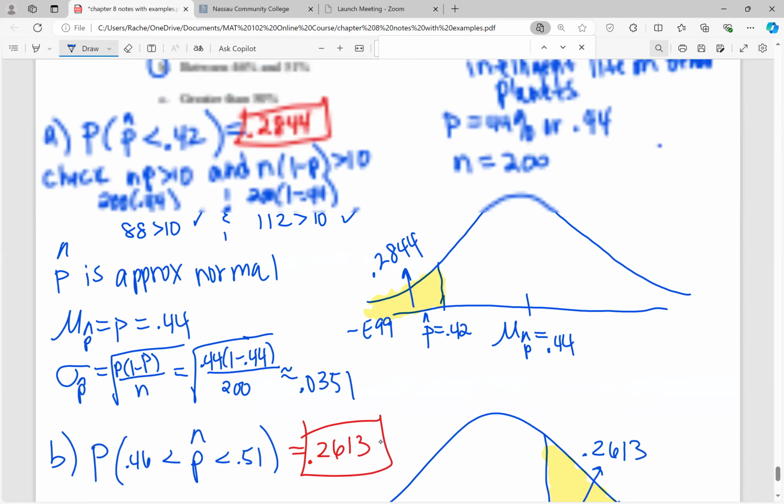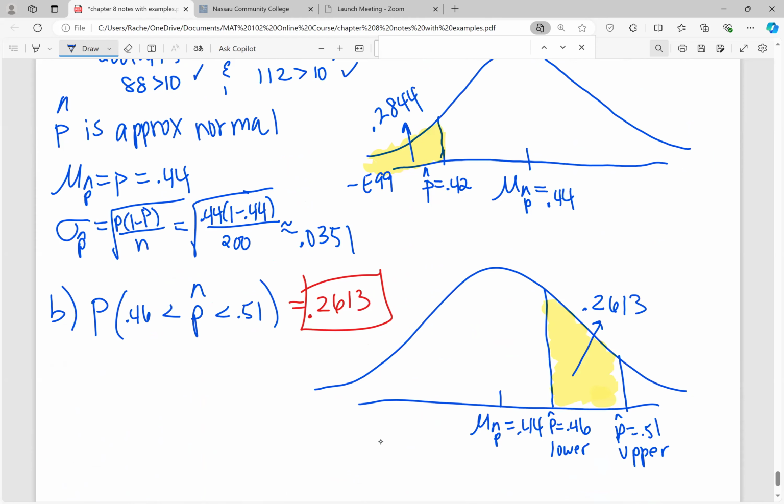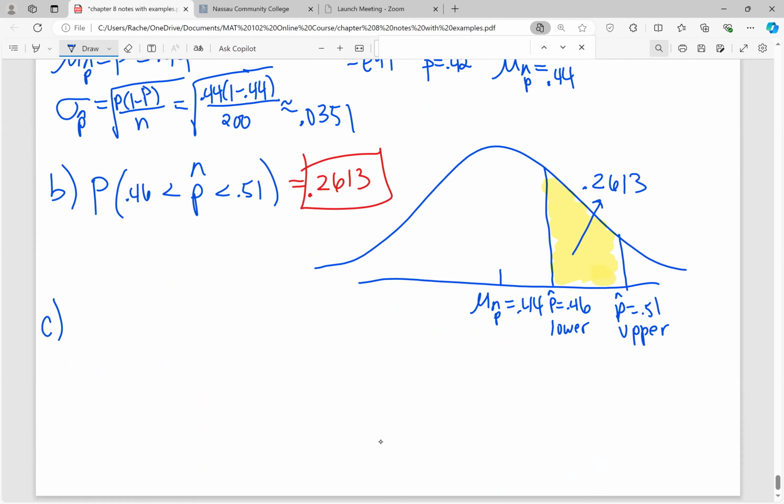And let's look at the last part, part C. What's the probability that the sample proportion of adults who believe there is intelligent life on other planets is greater than 50%? So now in part C, I want to know what's the probability that p hat is greater than 50% or 0.50 as a decimal.